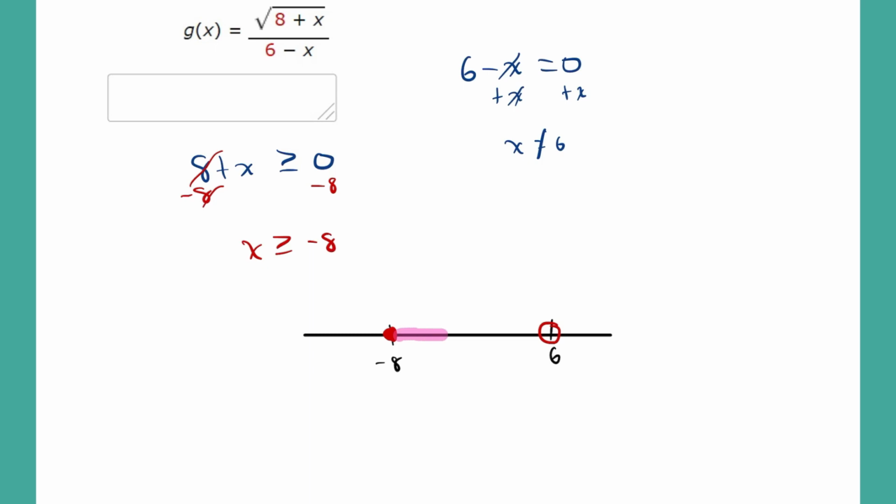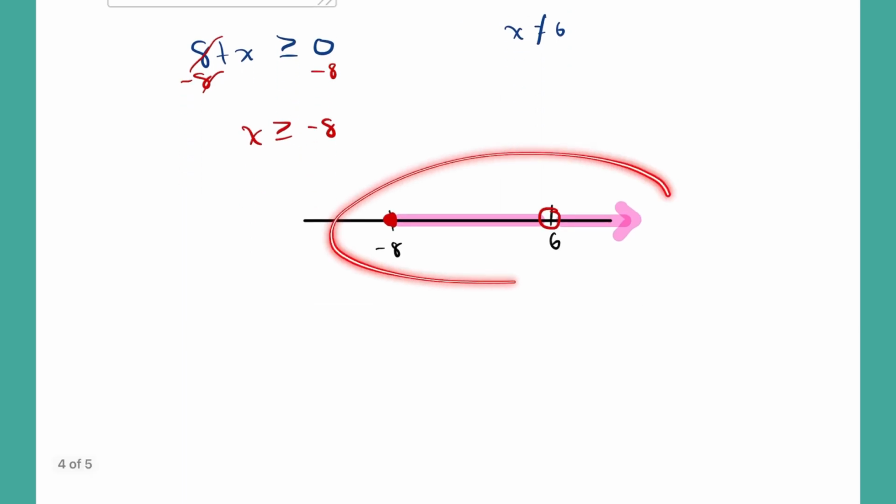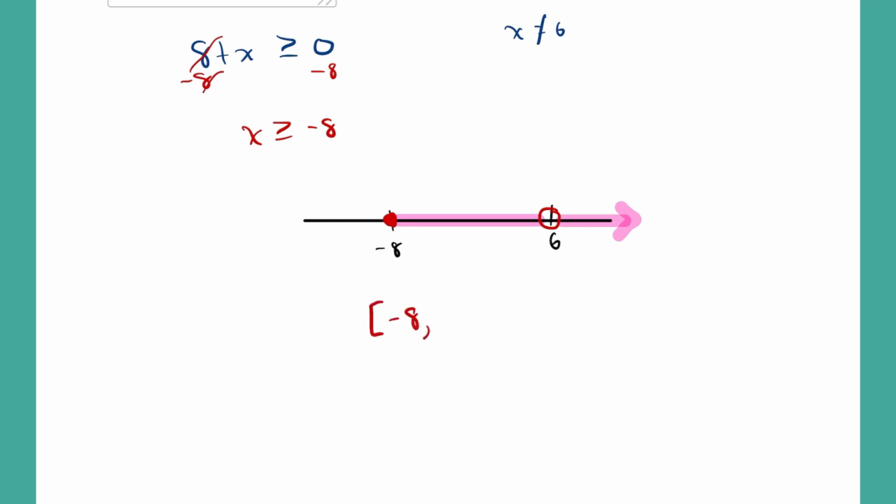So you want to shade everything greater than, but however, don't forget to jump over that 6 because 6 is not part of the domain. So this is your solution set. Using interval notation, we would say negative 8 inclusive, comma 6 exclusive, union 6 exclusive, comma infinity. That is our final solution set.